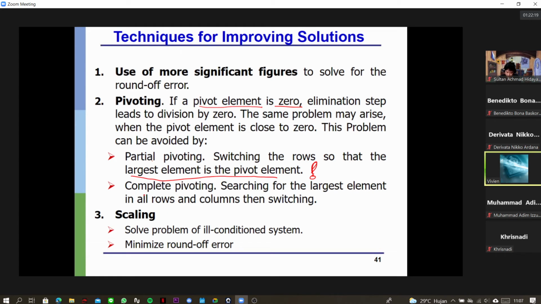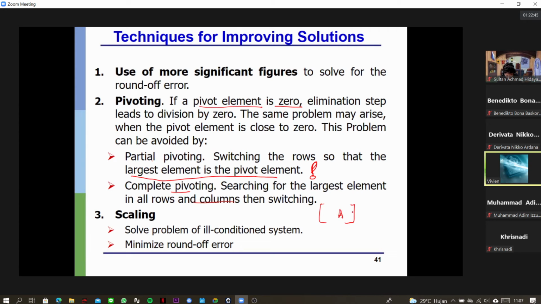Or we can also do complete pivoting. Aside from switching only the rows, we can also switch the columns, which is called complete pivoting. But this is not very commonly performed because it adds complexity.